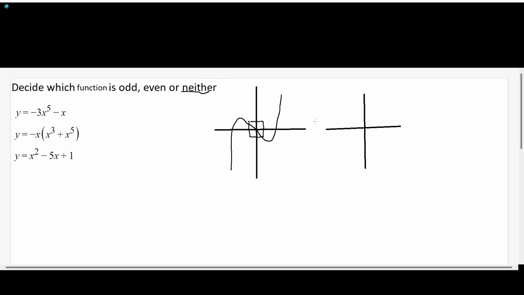You guys should know what a reflection is. That's a scuffed line. So here's my very scuffed graph, and a good example is just a parabola. That's a very bad parabola.